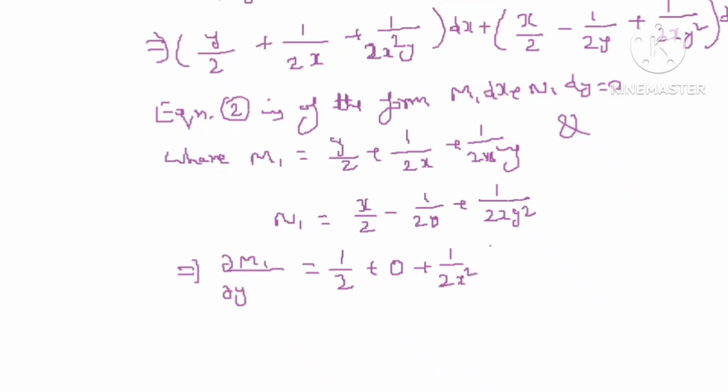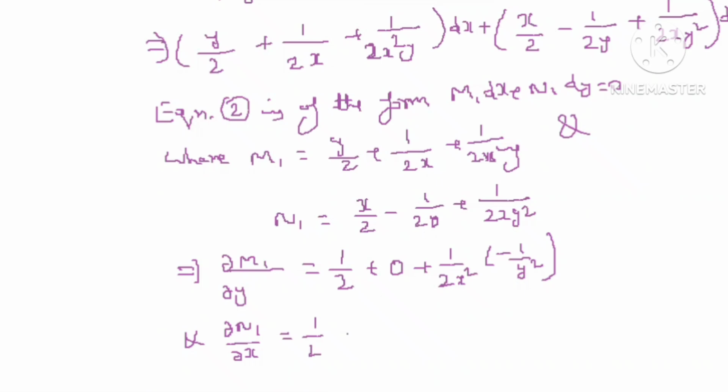Derivative of 1 by y is minus 1 by y square, and dou n1 by dou x is equal to, derivative of x with respect to x is 1, so this is 1 by 2.